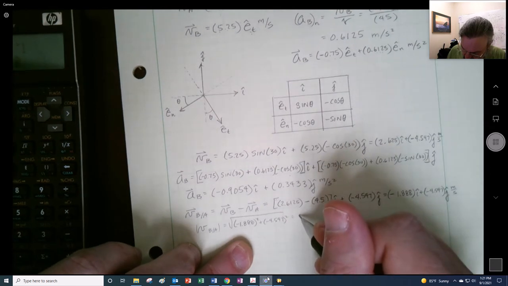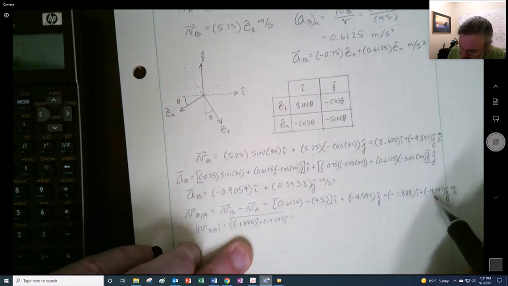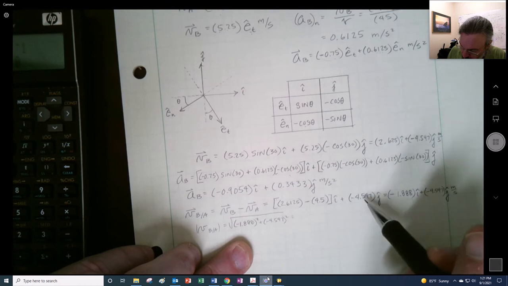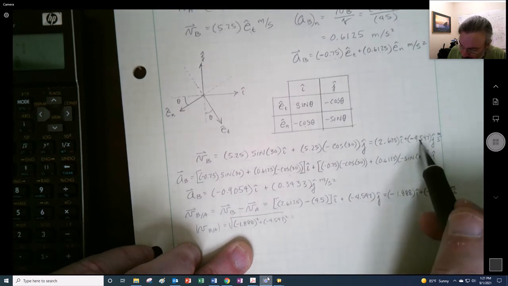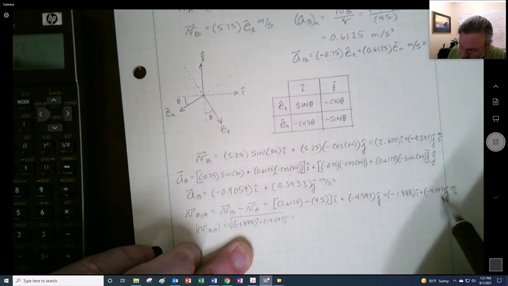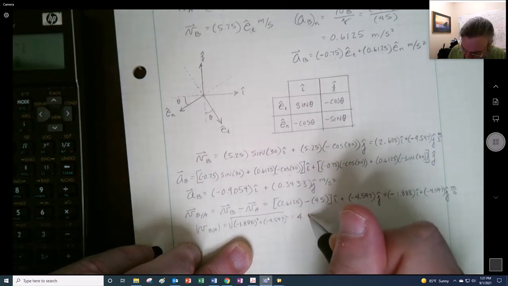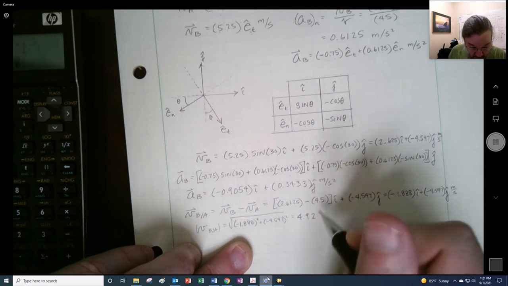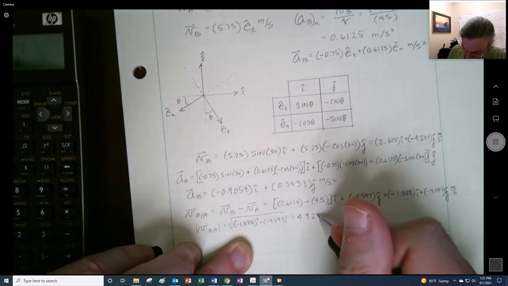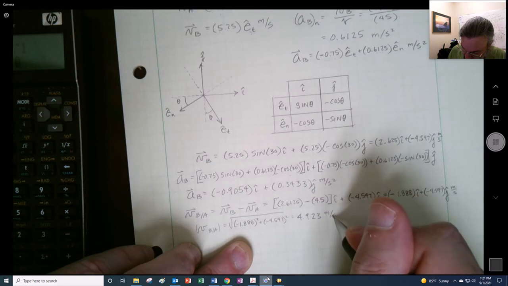Okay, so I'm going to double check this number. It seemed kind of big. Nope, that makes sense. Okay. So we end up with 4.923 meters per second.